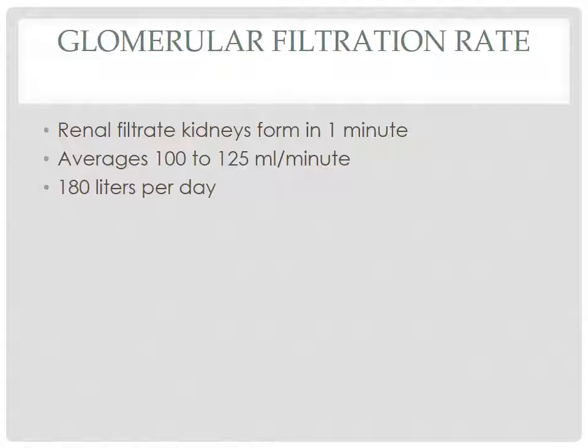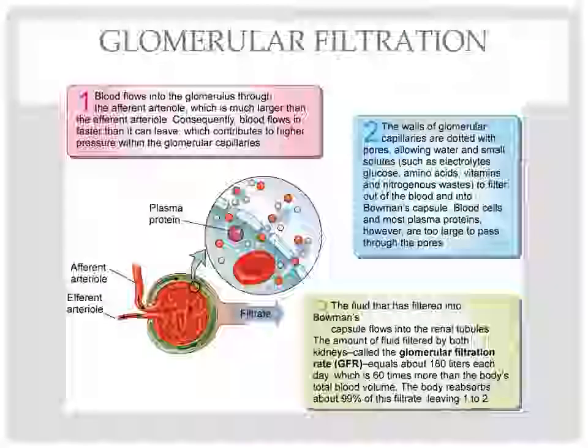The average is about 100 to 125 milliliters per minute, and we'll see the values when there's a kidney injury or chronic kidney disease. It can really go down quite low. The glomerular filtration rate is how much the kidneys filter in 1 minute, the formation of filtrate that the kidneys form in 1 minute.